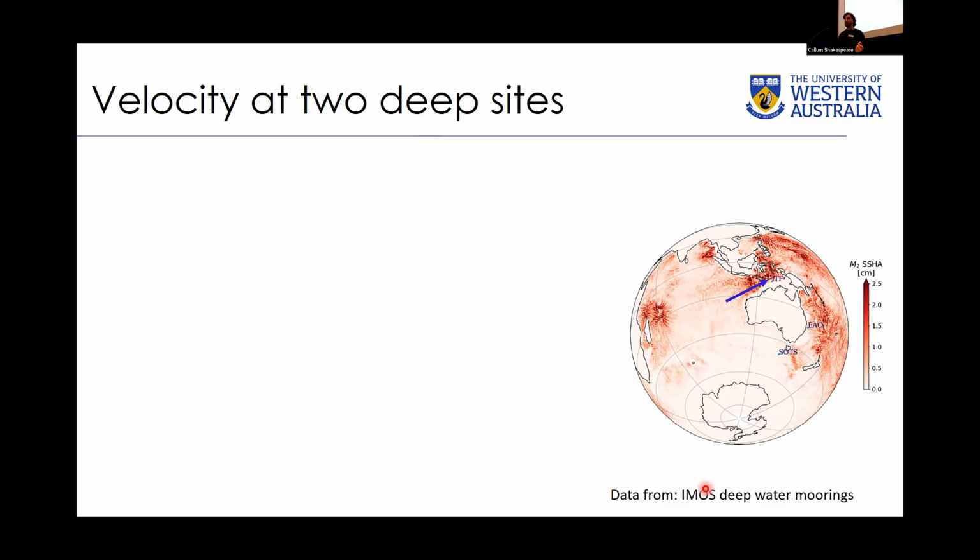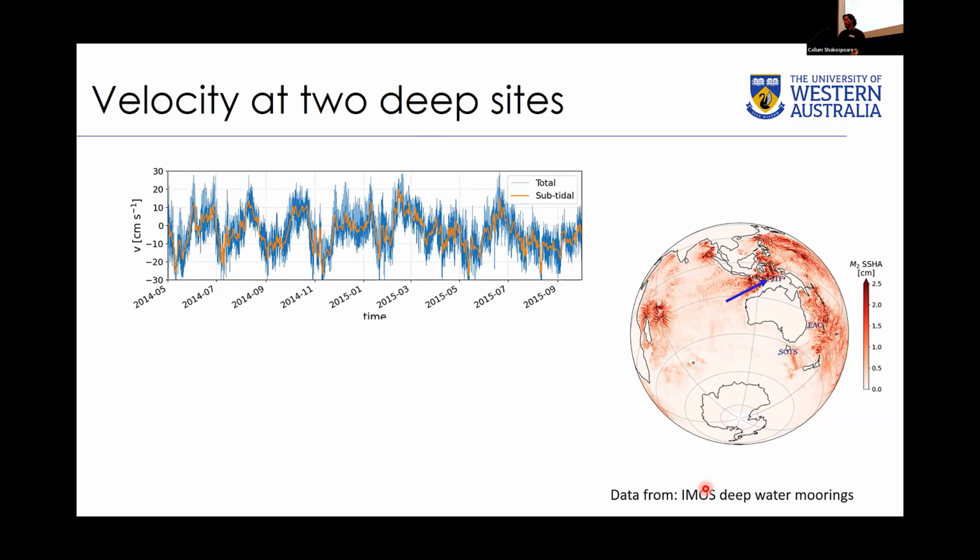So one's Indonesian Throughflow, current meter at 1,200 meters deep, and I just plotted 15 months of data, showing the total velocity in blue and the subtidal velocity, so any sort of mesoscale flow, in orange here.